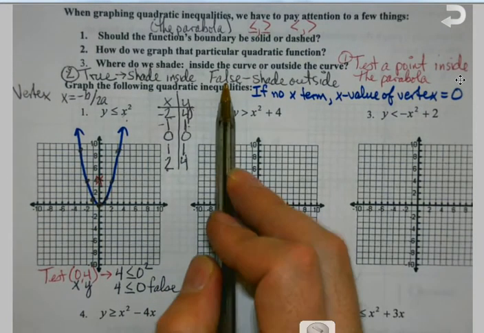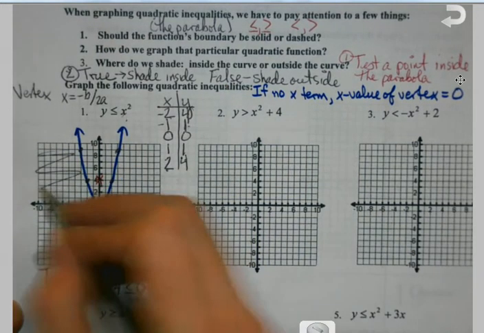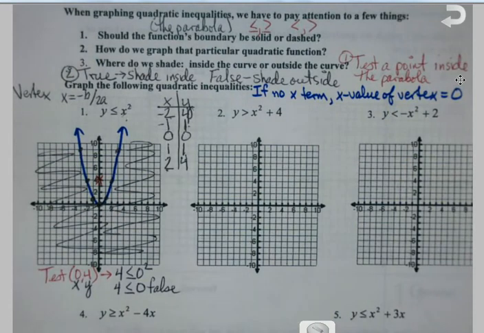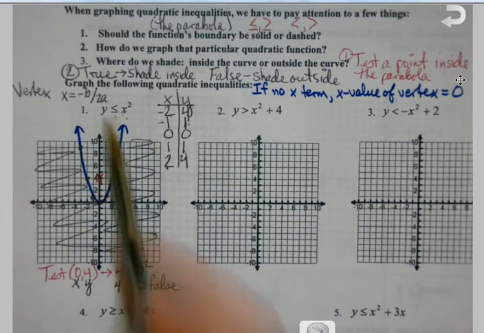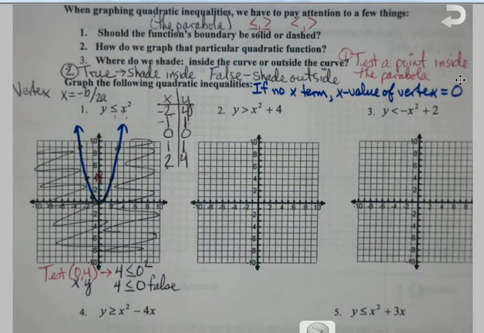So if the answer is false, I'm going to shade outside of my parabola. That's where my solutions are. That's where this statement is going to be true, outside of my parabola. If it would have been true, I'd have shaded inside the parabola. And that's basically what we've got working on these.